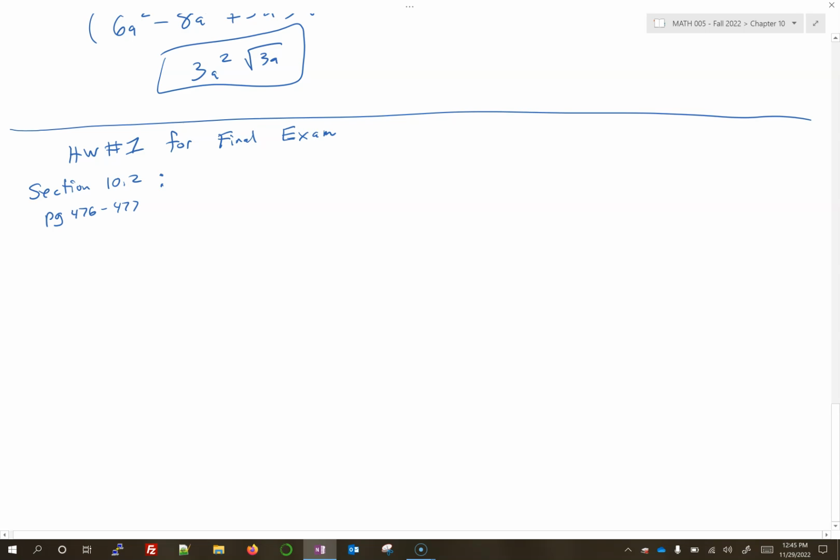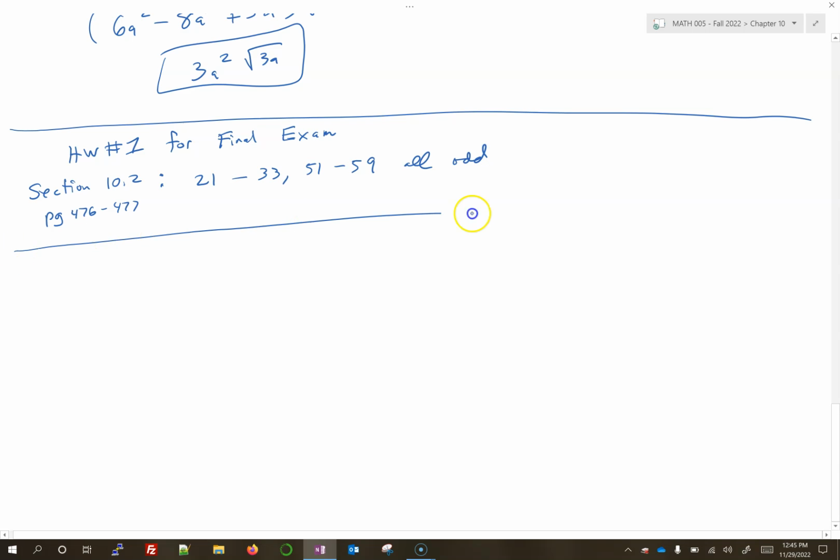I'm just trying to see where I want to start. All right, let's start at 21. These go rather fast, but I'm going to do 21 through 33, and then 51 through 59, and again all odd.